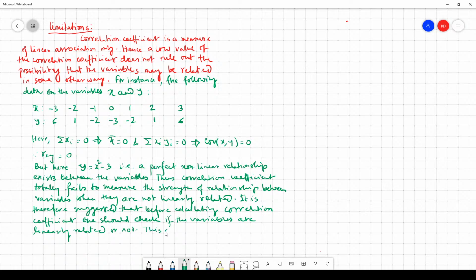This can easily be done by drawing a scatter diagram.